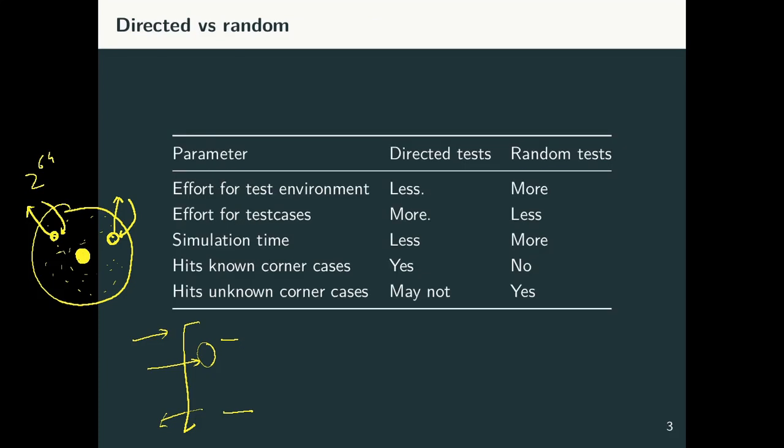And in terms of verification effort, with directed tests, our effort in creation of the test environment is very less, because all that we are doing is writing out our truth table.